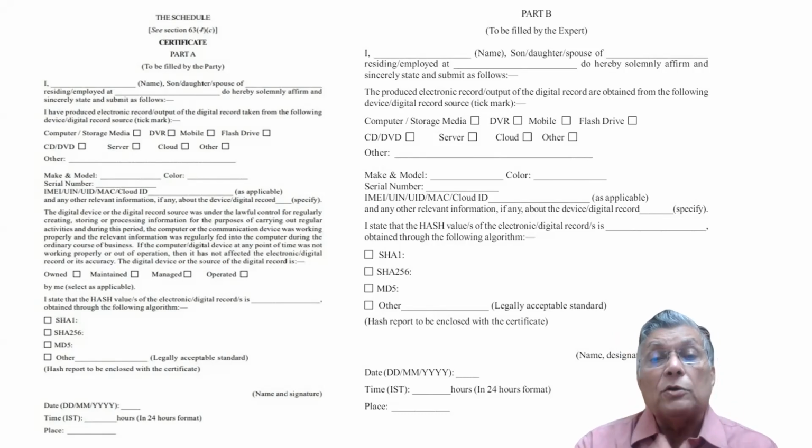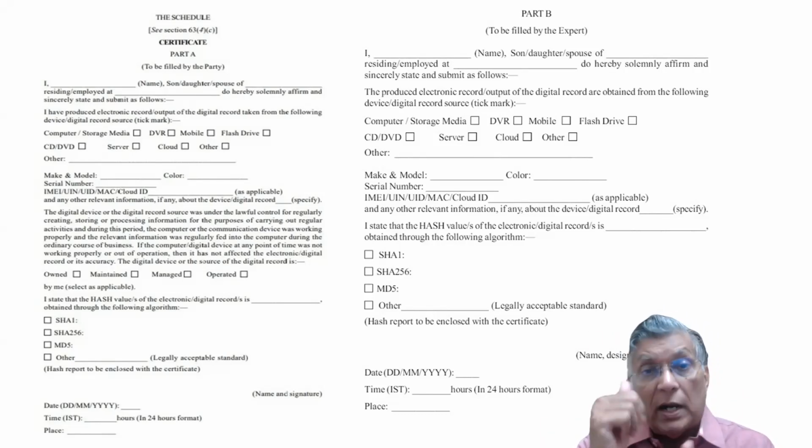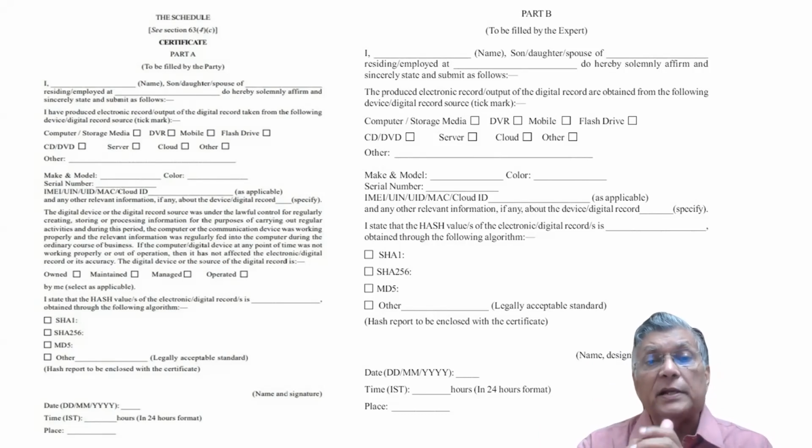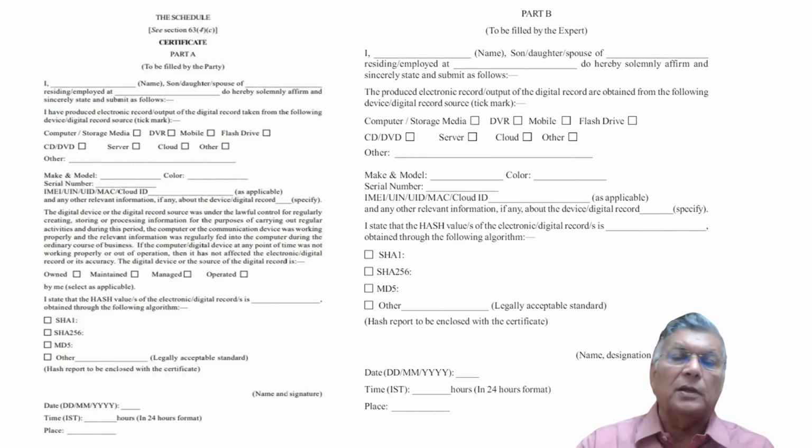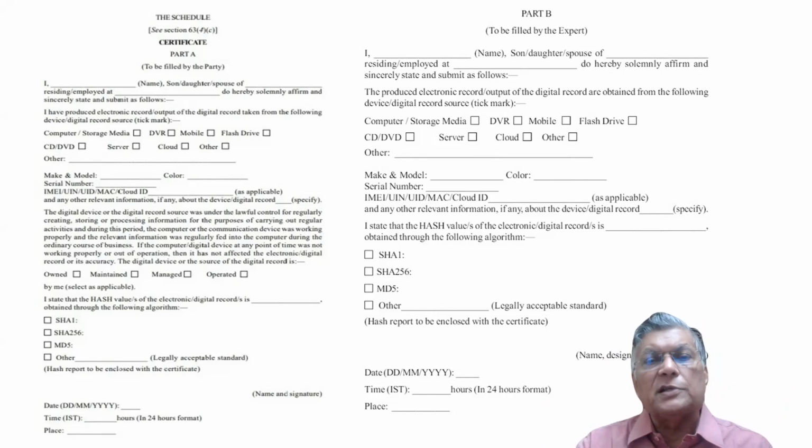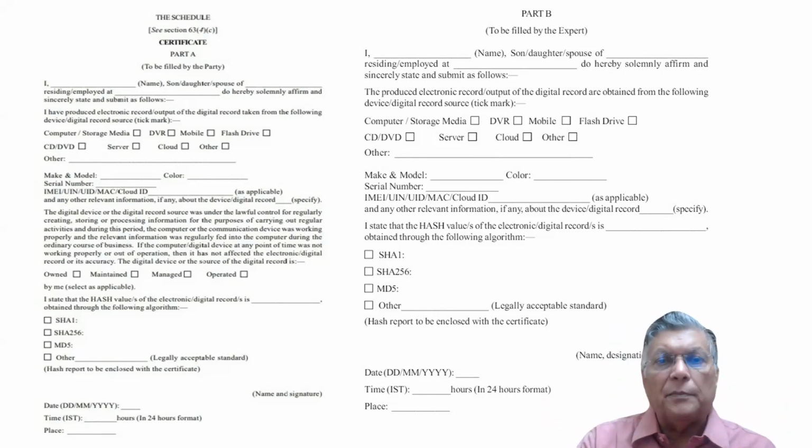Okay, he can even produce his primary document. What is the primary document? Now the question is, what is a primary document? See, many times people think that the device is the primary document. Okay, so somebody may say, I will submit my mobile, so don't ask me for any certificate. And sometimes the police seize the whole computer and produce it.